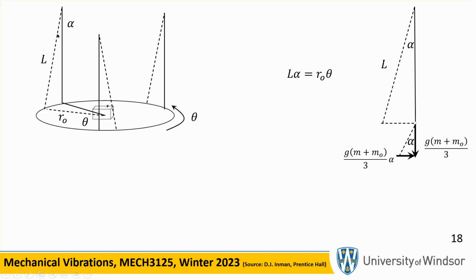Now, look at this triangle. The hypotenuse of this triangle is L. This angle is alpha. The force is the weight.